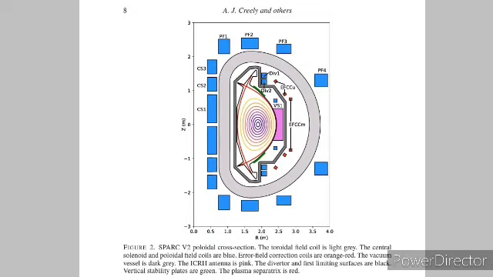There is also a pair of vertical stability coils inside of the vacuum vessel, labeled VS1 upper and lower. Finally, there are 3 sets of picture frame error field correction coils, 1 upper, 1 lower, and 1 midplane.